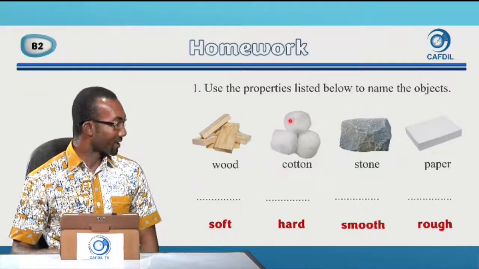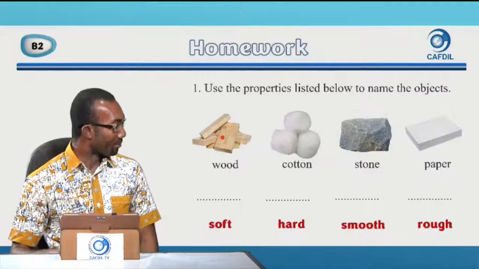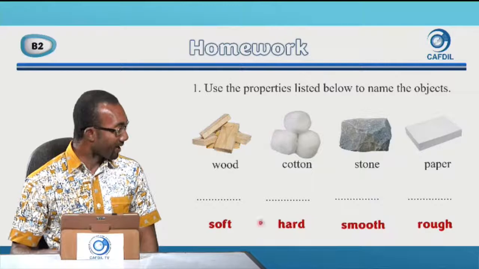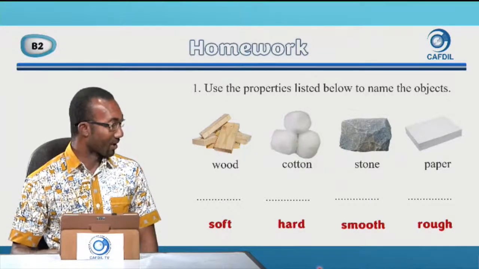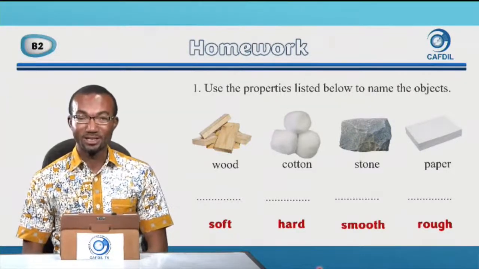If cotton, for example, is rough, then you come and write rough here. So you use the answers here to fill the spaces here. Look at the materials that you have here, and then look at the right properties that go with this material up here. I'll give you some few minutes to put this assignment down.